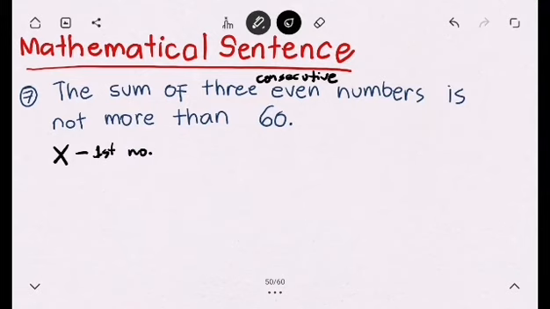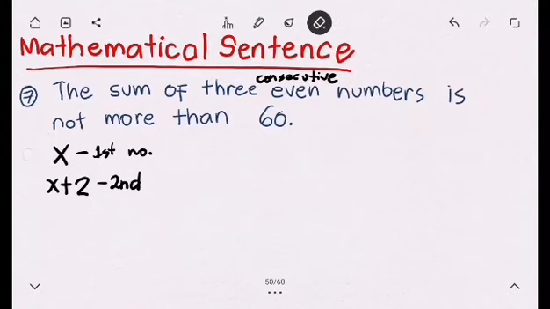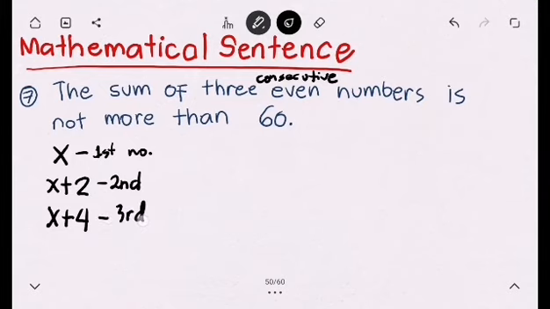Kung kasunod niya ay even number, ang i-add natin dito is 2. Let's say ang first number natin ay 2, yung kasunod niya is 4. Ano idadagdag natin sa 2 para maging 4? 2, kaya x plus 2. Ang ating pangatlong number is x plus 4. Meron na tayong tatlong magkakasunod na even number.